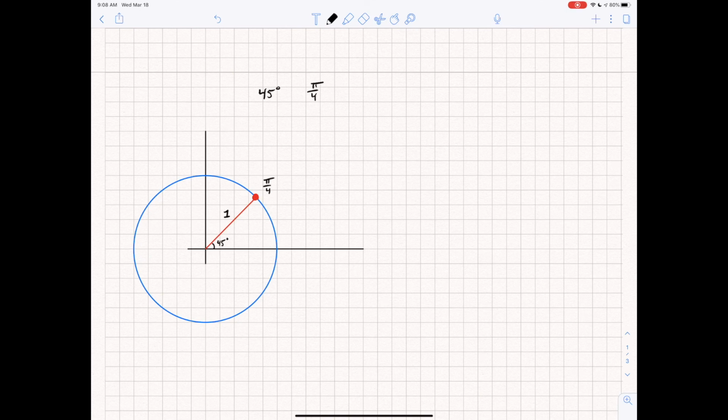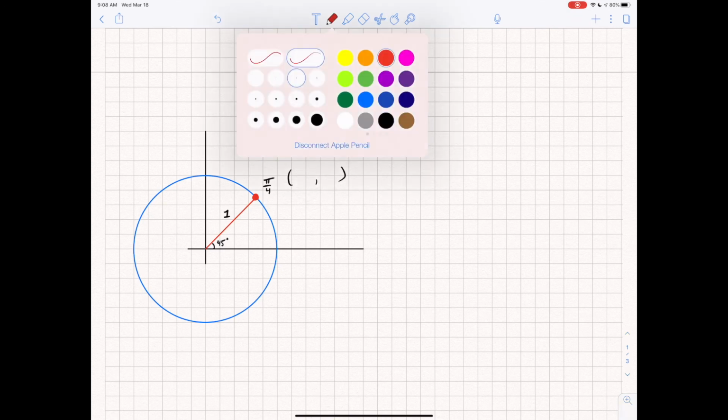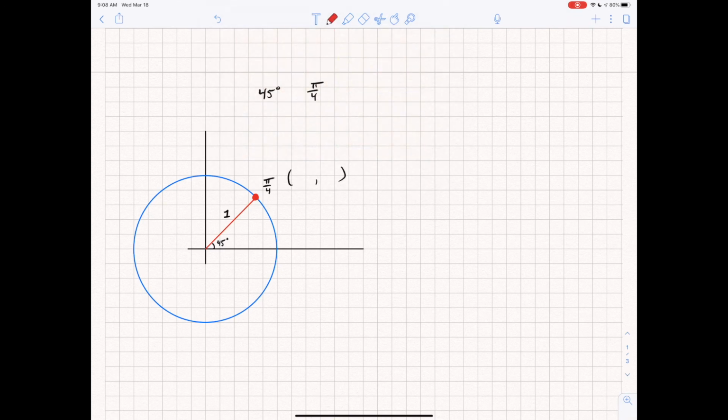And to figure out what this x and y coordinate is, this terminal point here, again, I'm going to draw my triangle. So I'm going to draw this out, draw this down, try to get this to be perfectly at a right angle here. And notice that the triangle that gets created as a result is a 45, 45, 90. Based on our work from yesterday, we know the sides of this triangle when the hypotenuse is 1.